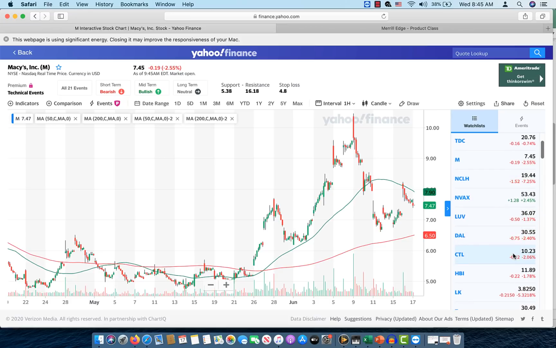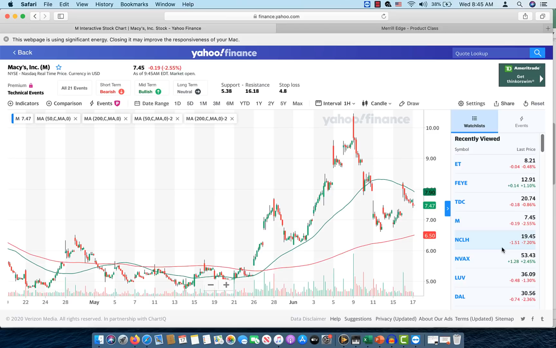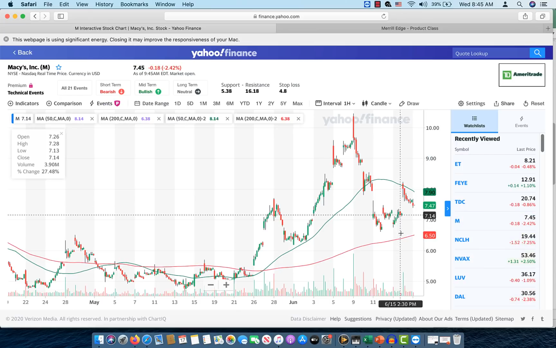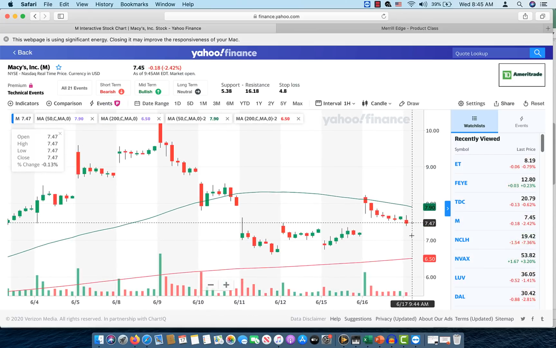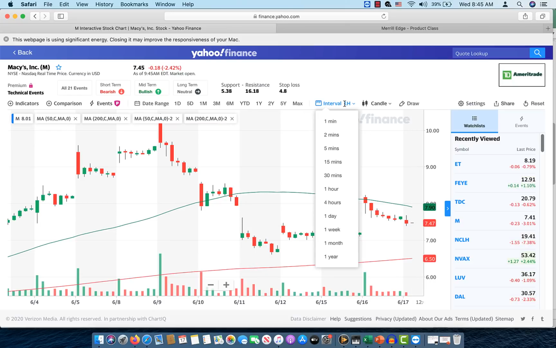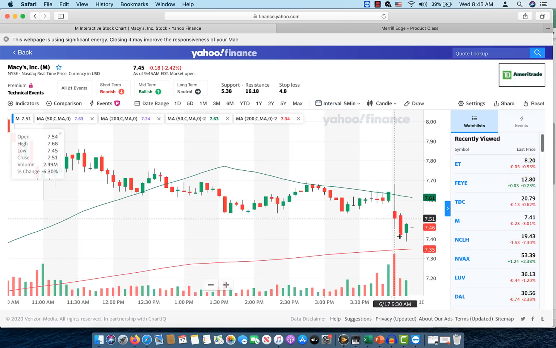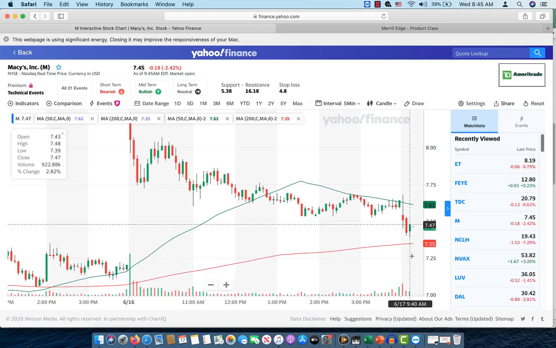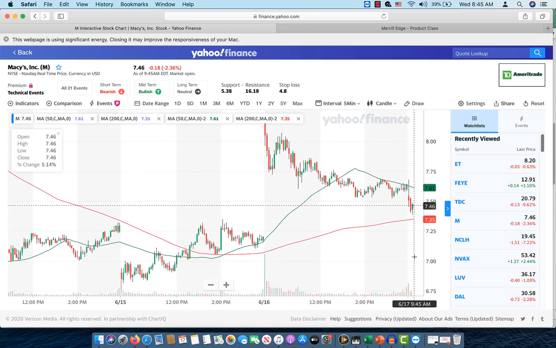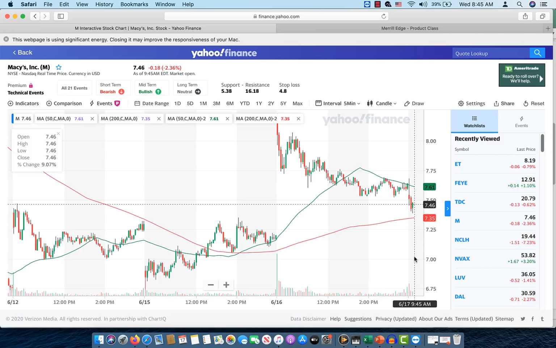All right, let's see what else is going on here. It looks like we turned red here. Let's get back on track. In fact, we might do something here on Macy's. So what's going on here? Let's get with the 5-minute chart. All right, she dipped just around the 750 mark. Interesting.